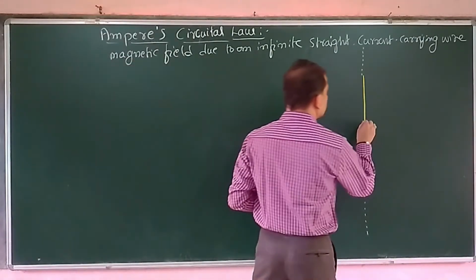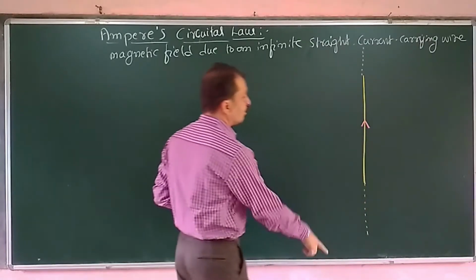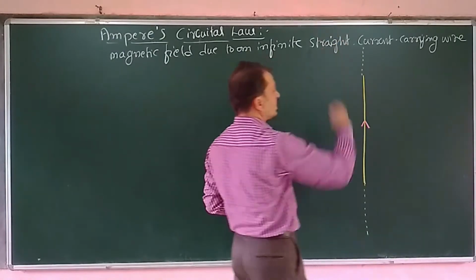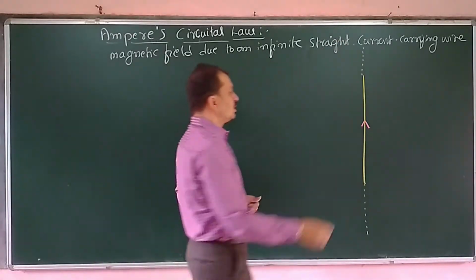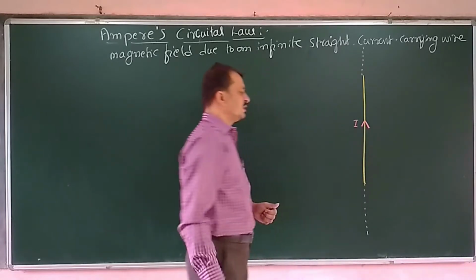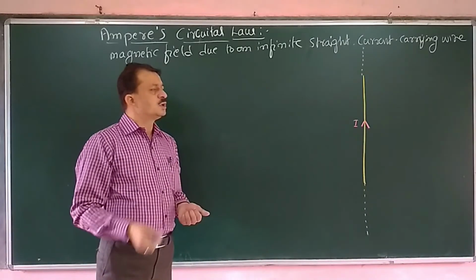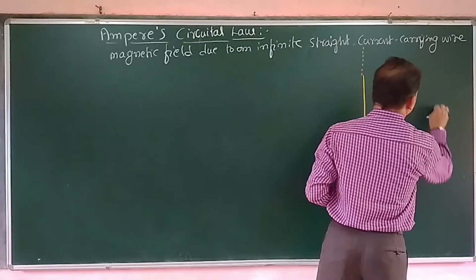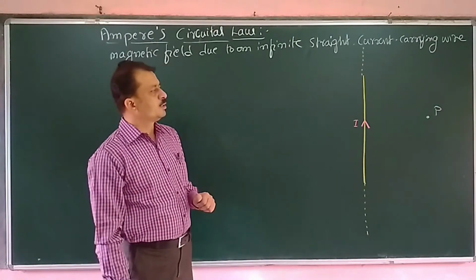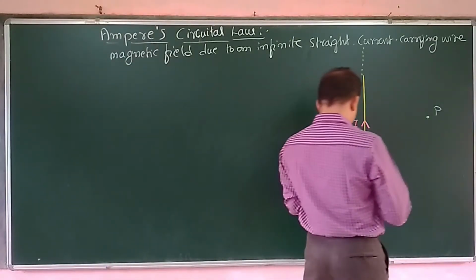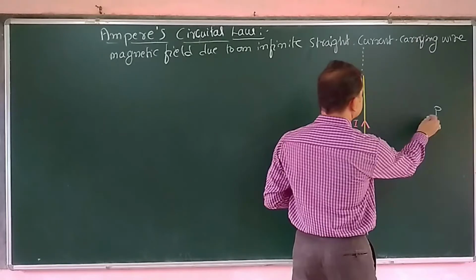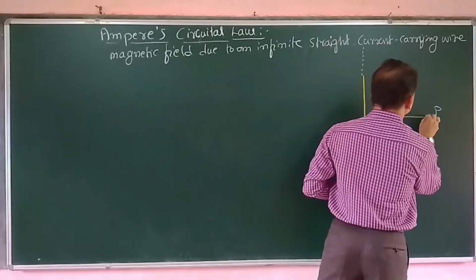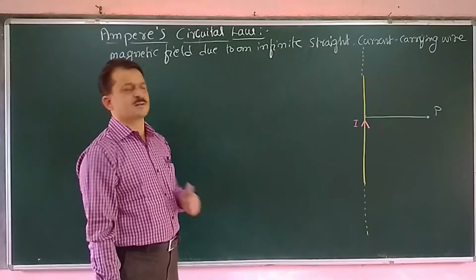Now in the wire we will assume current is flowing from the bottom to the top direction. The magnitude of the current, we take as I. Now our aim is, let me take one point here, some point P, which is at a perpendicular distance from the conductor or wire.